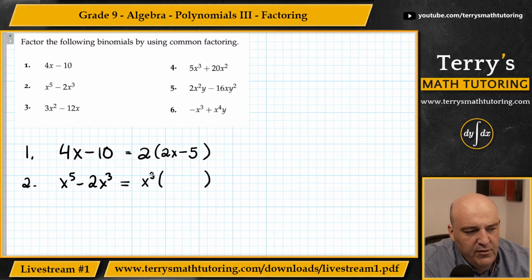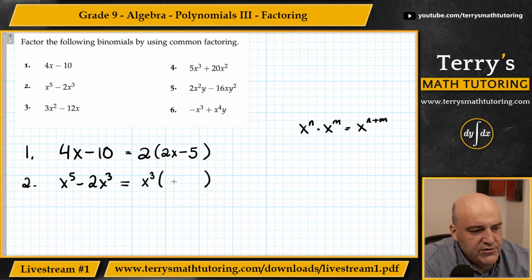So if you remember the rule for adding powers, if you have x to the n times x to the m, how do you handle something like that? You add the exponents, right? So whatever goes here, this is going to be x to some power. And 3 plus this needs to be 5.